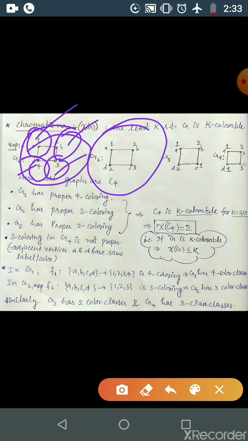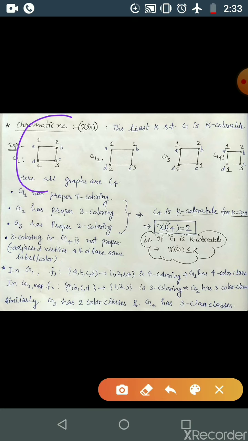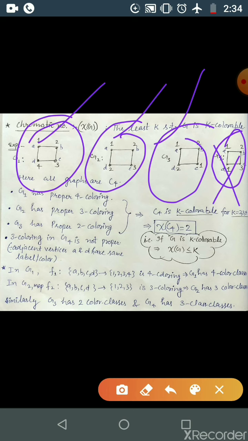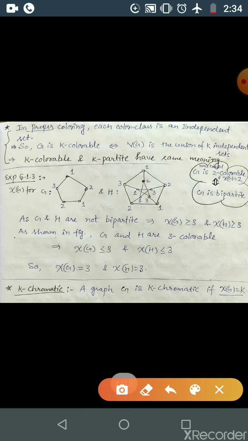And here you can take B and D in the same independent set because they are not adjacent, and the other two in different sets. Same with this one. So here how many independent sets? 4. Here V(G) can be written as 3 independent sets. Here V(G) can be written as 2 independent sets, and this is not a proper coloring, so we can't call them independent sets, they are just color classes, correct? So every color class in a proper coloring denotes an independent set.